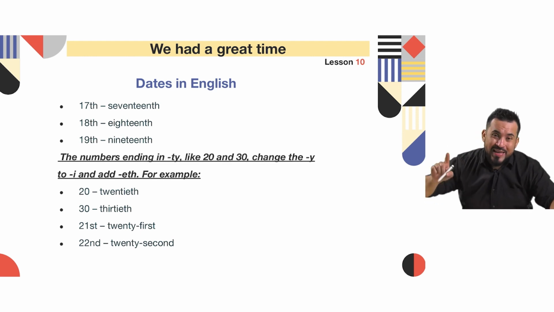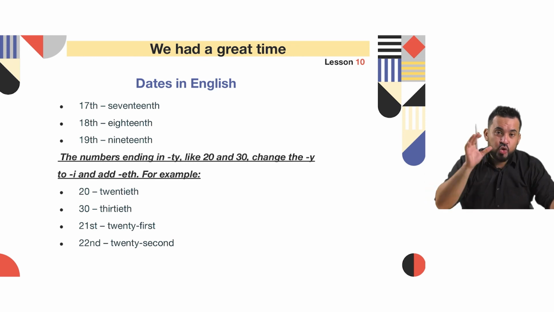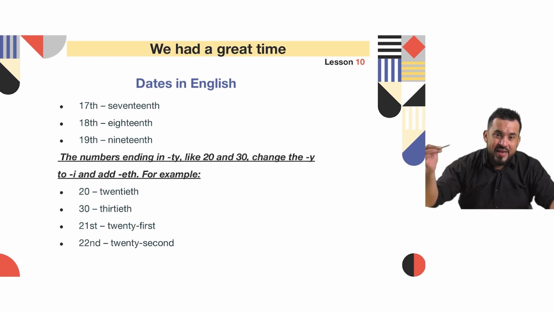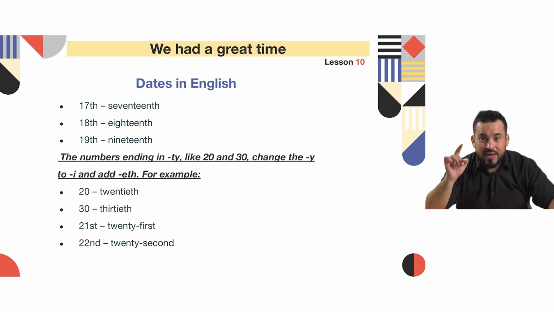Notice 20th, not twenty-eth. Always for the numbers that end with 0: 20th, 30th, 40th, 50th, 60th. Not fifty-eth or sixty-eth. That is just wrong.